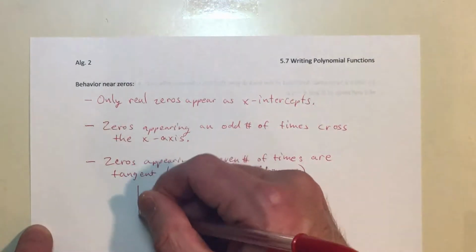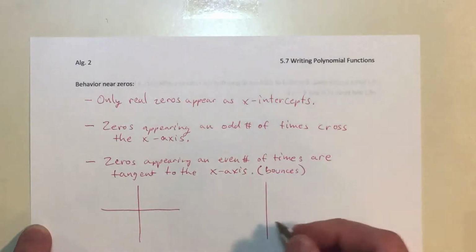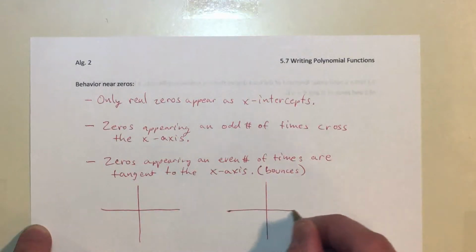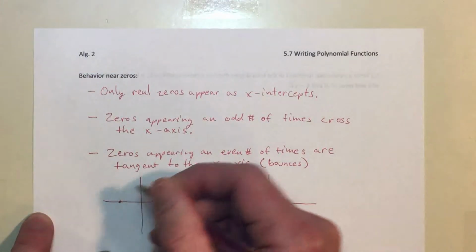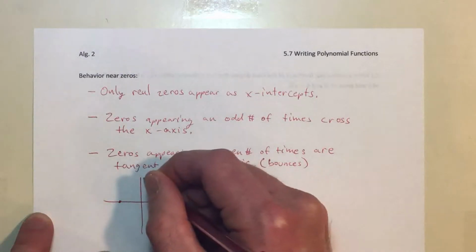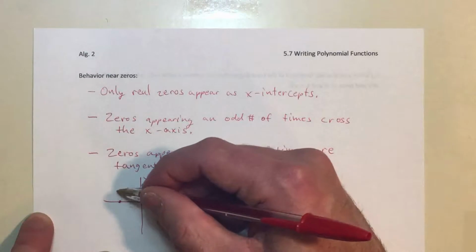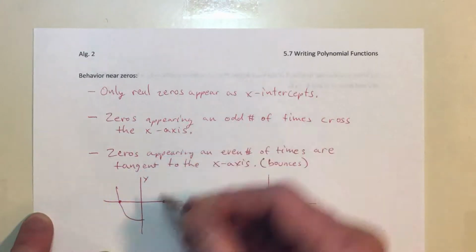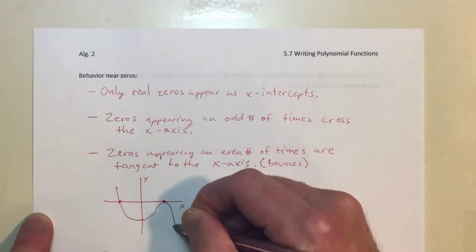So let me draw a couple pictures to illustrate this idea here. Put a 0 to the left of the origin, a 0 to the right. There's our x-axis, our y-axis. And if we have a polynomial function that when we graph it, it comes down through here, loops back up, and comes back down like this.